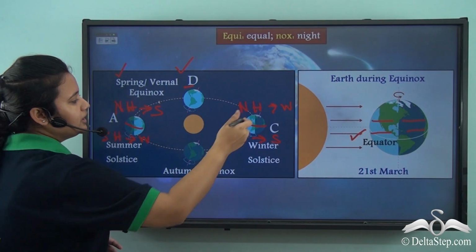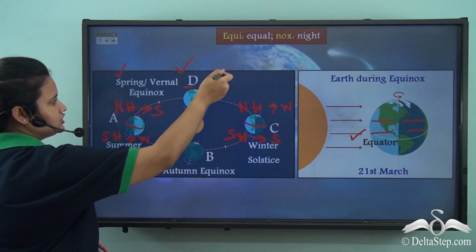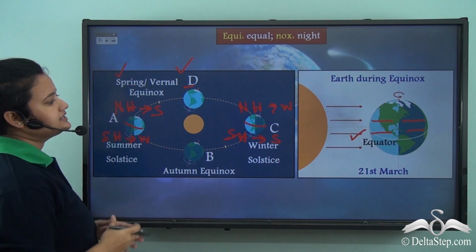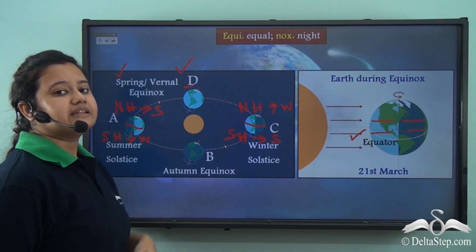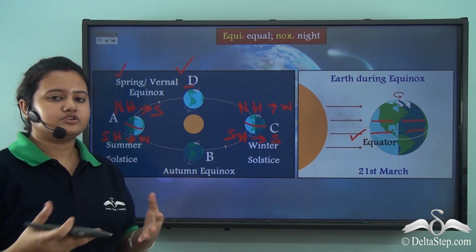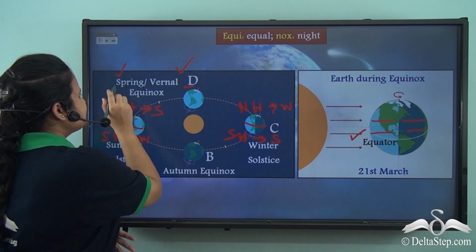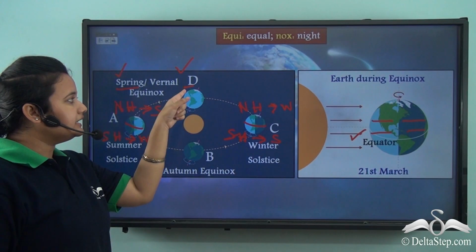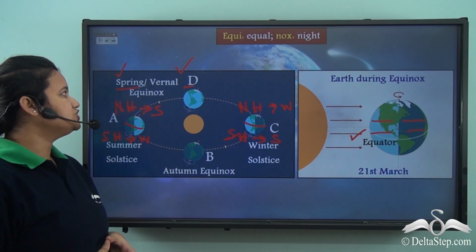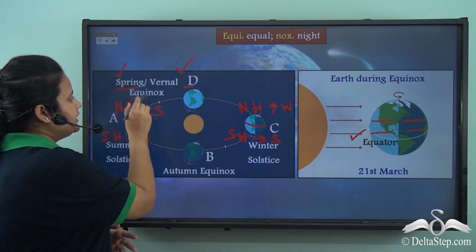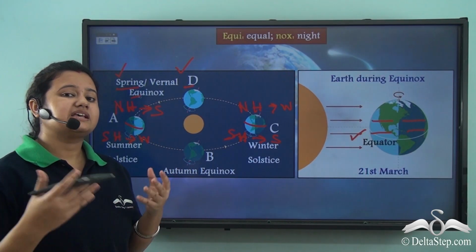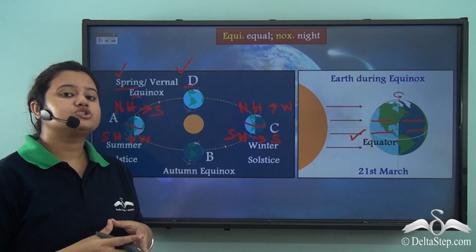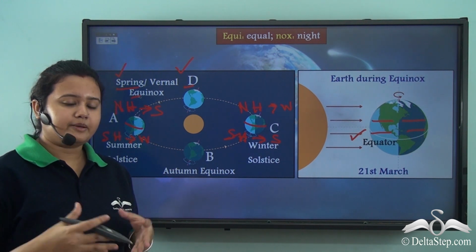So, as the earth revolves or shifts from position C to position A, there is a transition from winter to summer season, and this transition from winter to summer, as we know, is known as spring. So therefore, the condition of the earth at position D is known as spring equinox. Now here again, this moment has been referred to as spring equinox by taking into consideration the northern hemisphere.